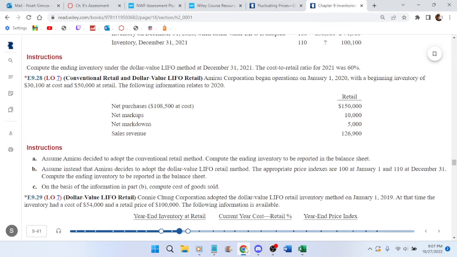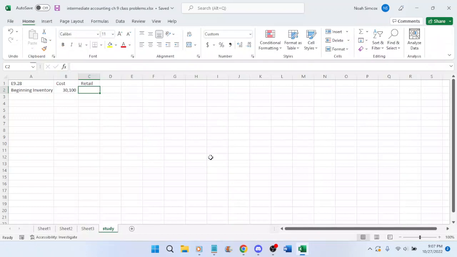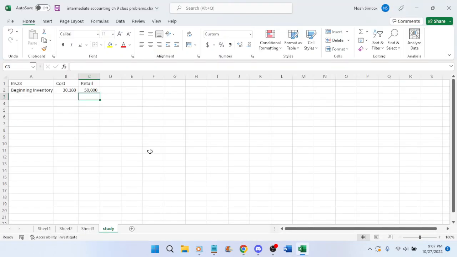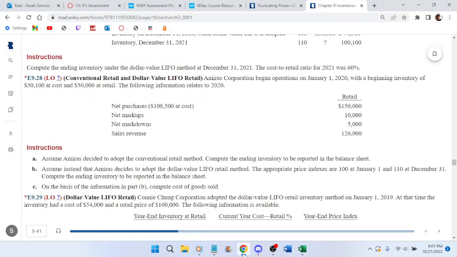Beginning inventory, cost, retail. Okay, so the cost of beginning inventory is 30,100. Retail is 50,000. Now you're going to have your net purchases. Net purchases at cost is going to be 108,500.